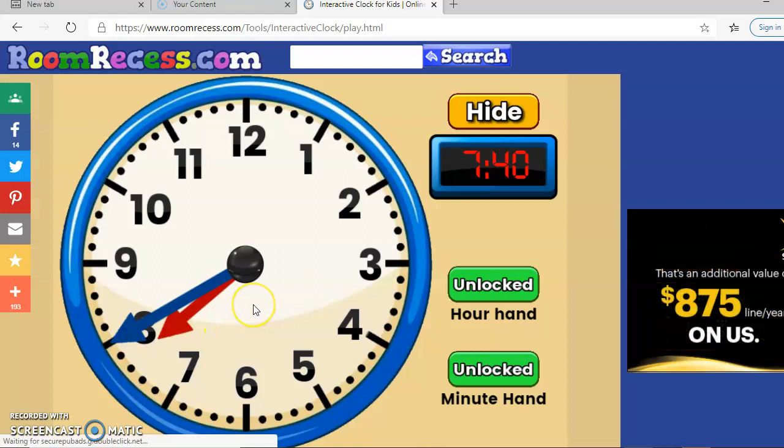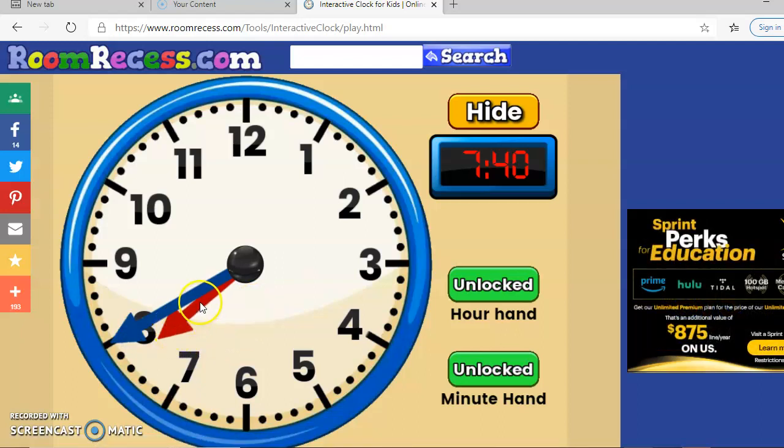Okay, this looks very confusing because we're almost on top of each other, but this red hand is still not on the 8 because this blue guy has not gotten all the way up here. As long as this blue guy is still over here, it is still 40 minutes past 7. It cannot change the hour until this guy has gotten all the way up.